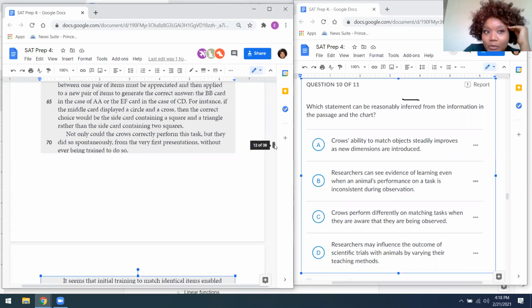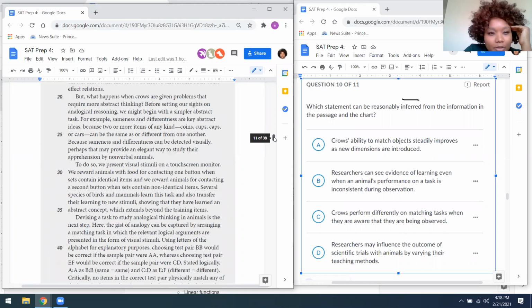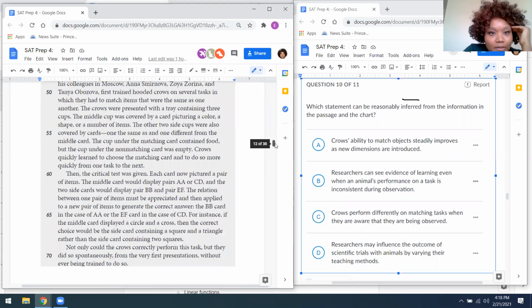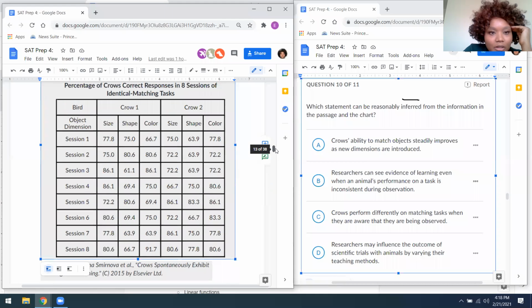Lines 69 through 71 are a good example. But yes, the main evidence for that question is looking at the graph and seeing that the results are different, the numbers are different.